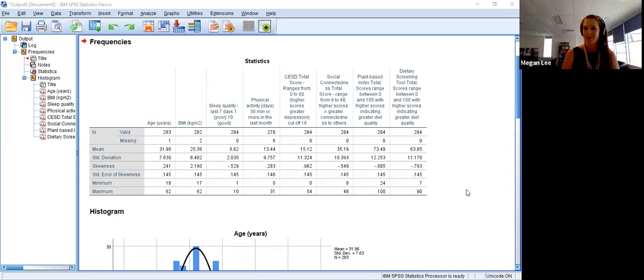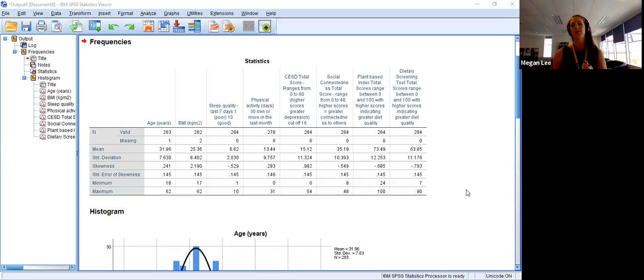Last week, we found out that when we ran our descriptive statistics, our plant-based index and our dietary screening tool had 111 missing data pieces, and we couldn't figure out what was going on. So after the tutorial last week, I went back and had a look at the data, and I figured out that all of the questions that were on meat, eggs, fish, dairy, some of the vegetarians and vegans decided that those questions weren't relevant to them, and instead of clicking on never as one of their options, they just skipped over the question completely.